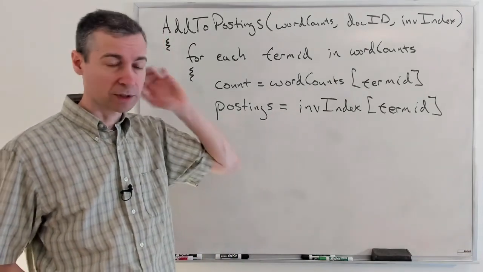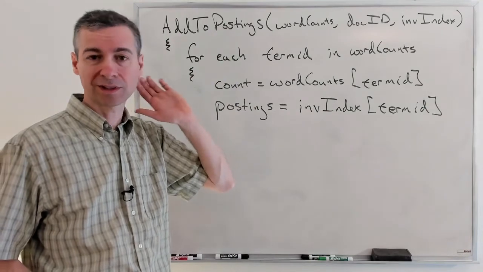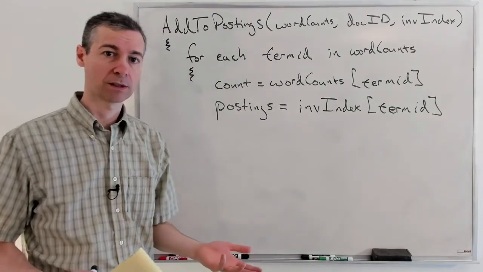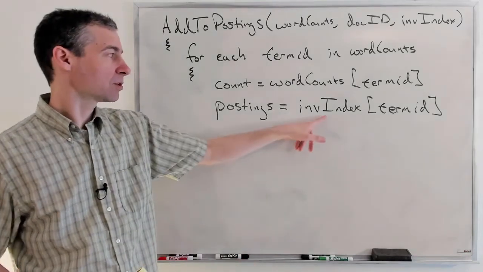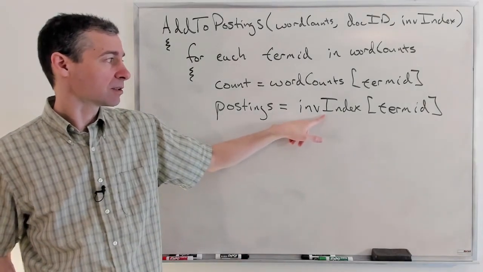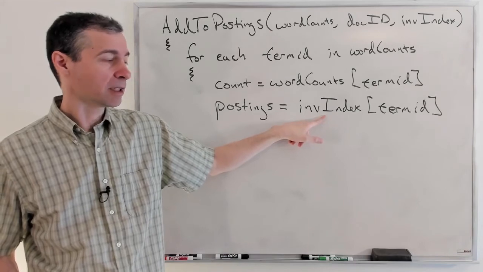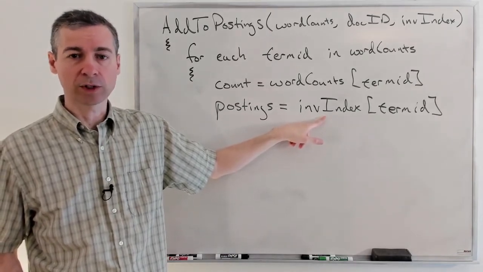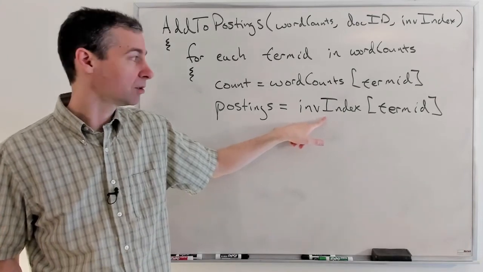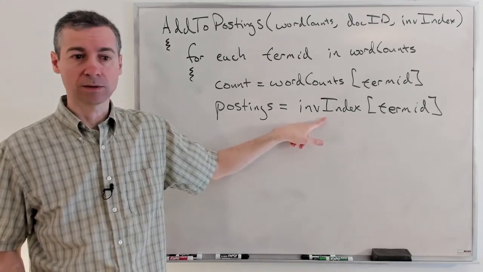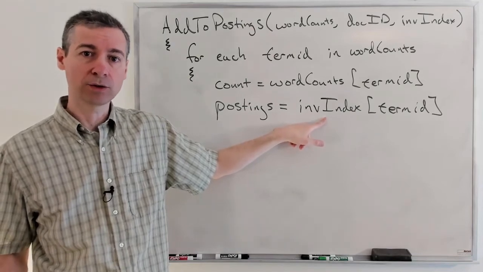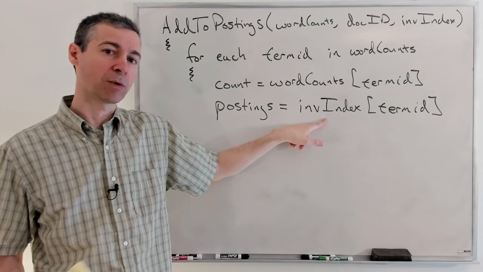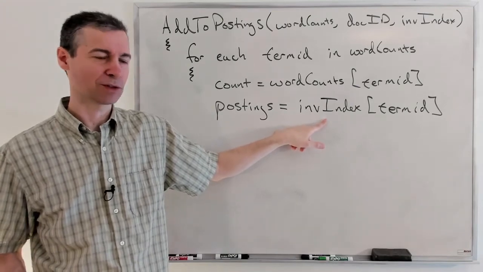So this is where using a dictionary, at least in the inversion process, can be really handy, because you just ask, does the term ID in inverted index exist or not? If it doesn't, then we're going to add that term ID to the dictionary and allocate a new postings list for it. Otherwise, we're retrieving that postings list, okay?